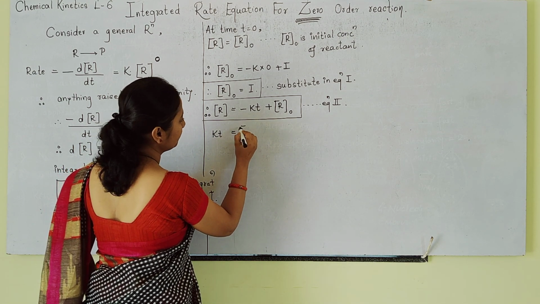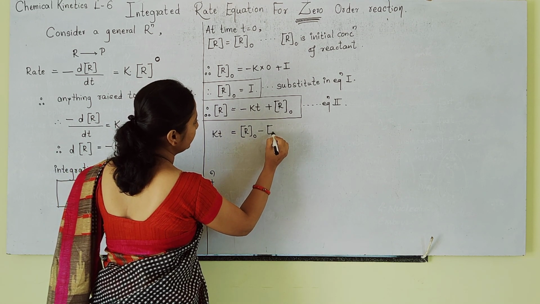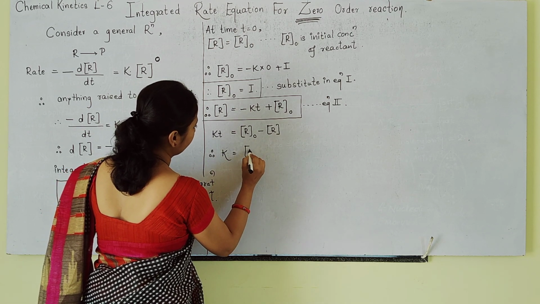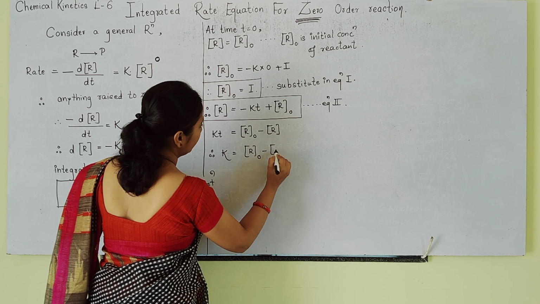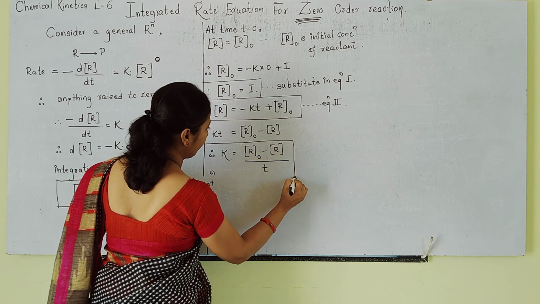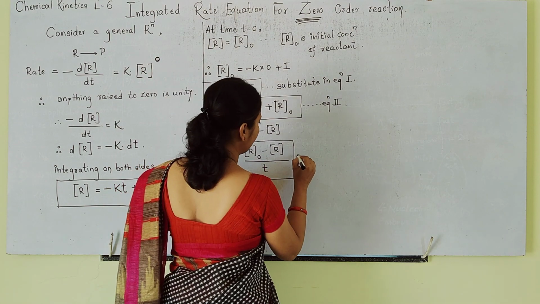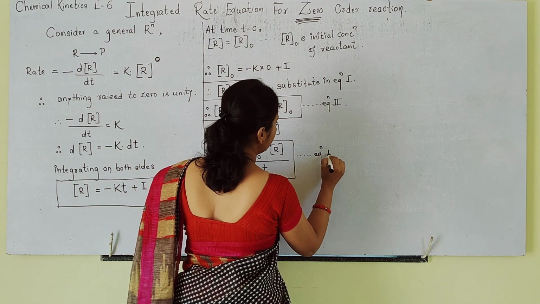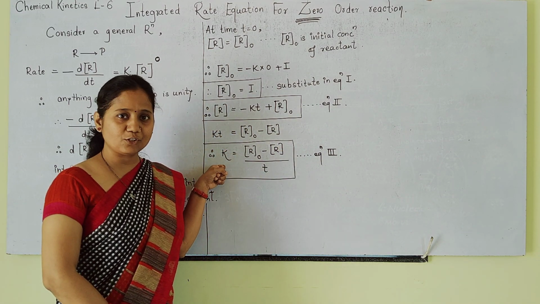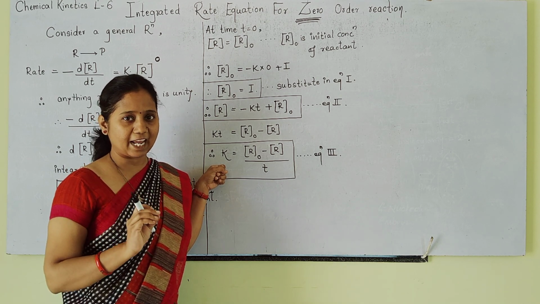If kT goes this side, R naught minus R. Therefore, K is equal to R naught minus R by T. Okay, this is your final equation. We'll call this equation number 3. This is your integrated rate equation for zero order reaction.